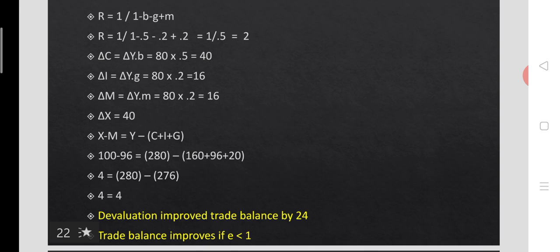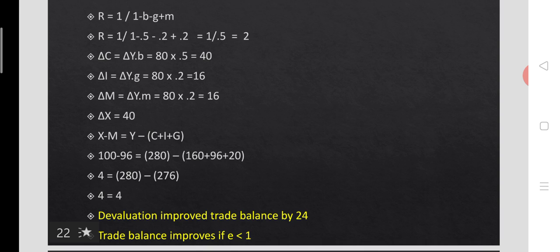And let's calculate this one. Trade balance X minus M is 4. 100 minus 96 is 4. This trade balance is just equal to Y minus A. Y is the total income, A is the total domestic expenditure. That means the trade balance is the excess of income over expenditure, as the trade balance is positive.